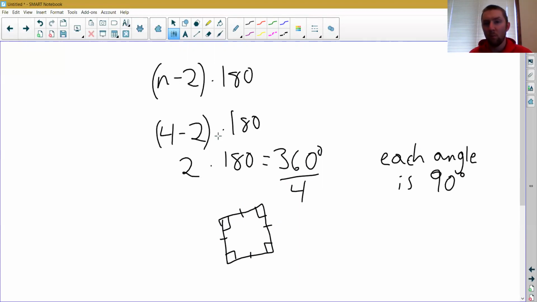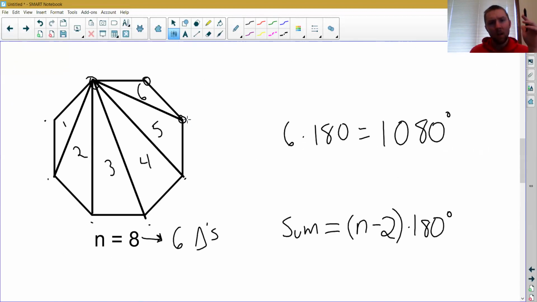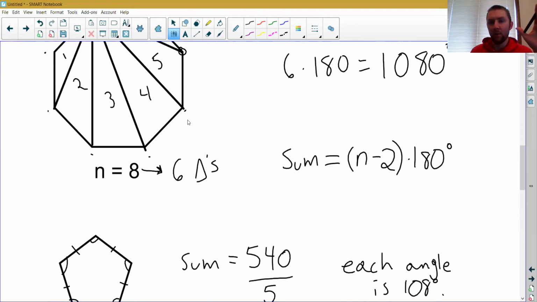Okay, so moral of the story, a regular quadrilateral four-sided shape is a square because it has to have all the sides the same, which makes it a rhombus, and it has to have all the four angles be the same, which means each one is 90 degrees, which makes it a rectangle. And we know that if it's a rhombus and a rectangle, it has to be a square, right? Okay, so that's it for interior angles, okay?